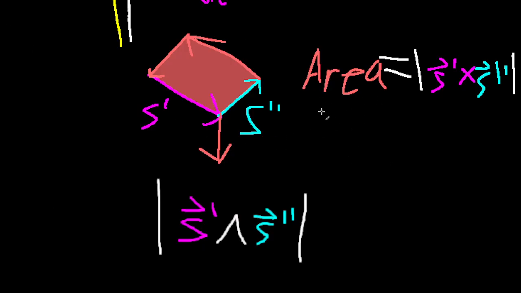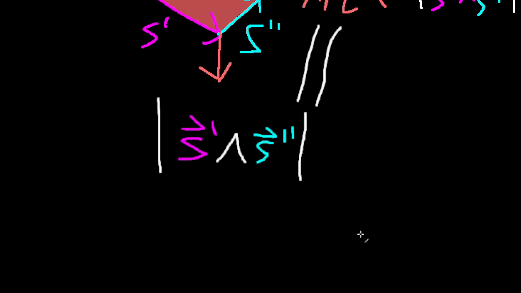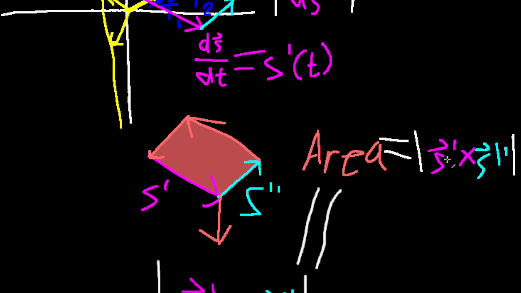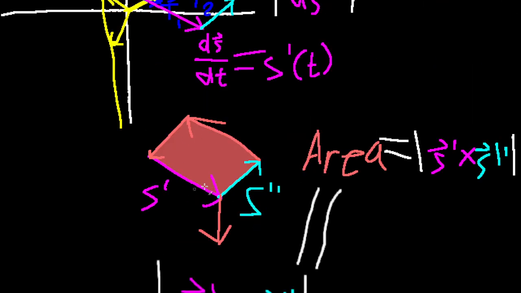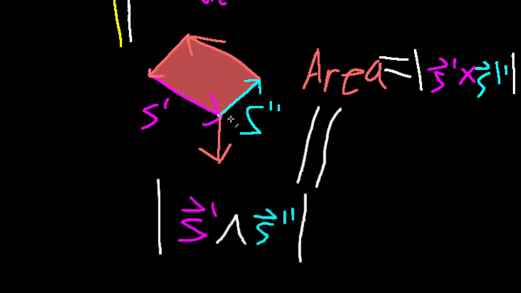So this is equal to that area. And this is a good sign, right? We have this parallelogram that we wanted to think about, and we were representing it with a cross product. But using the wedge product, we can think directly of that parallelogram instead of a different vector that's pointing perpendicularly.